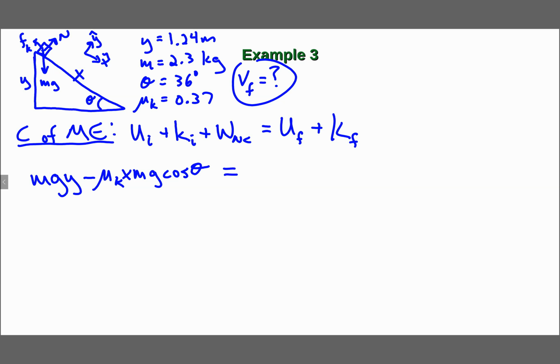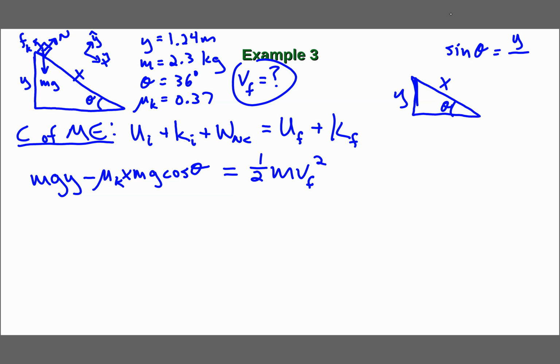potential energy at the end. We don't have any, okay, the ground we decided to make 0, plus the kinetic energy, 1/2 m vf squared. Now if we look at the geometry of our thing, we have a triangle like this. SOHCAHTOA tells us that sine theta equals y over x, okay, opposite over hypotenuse.